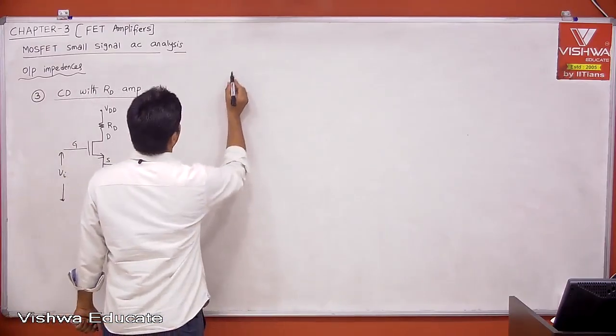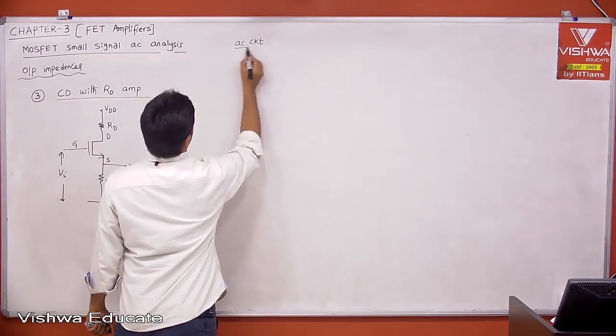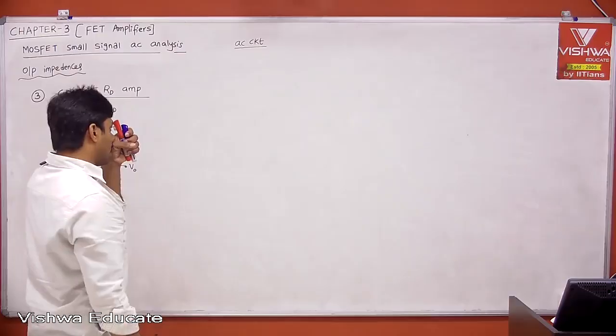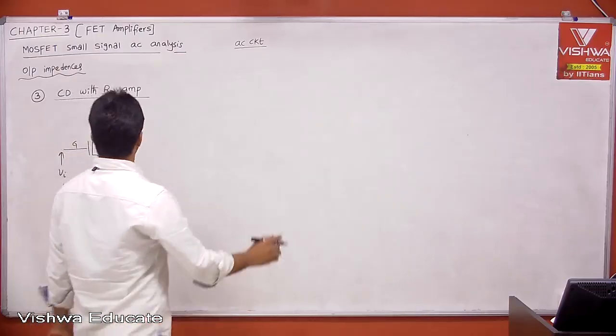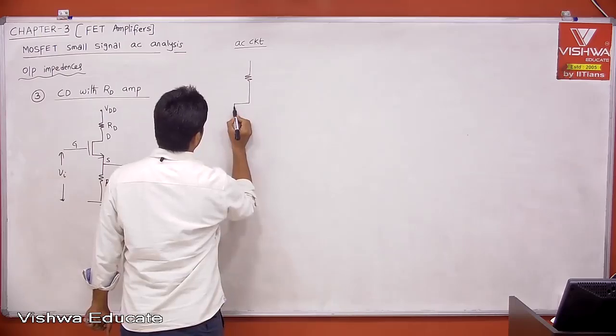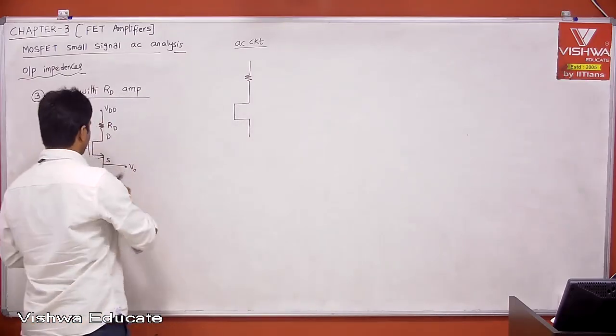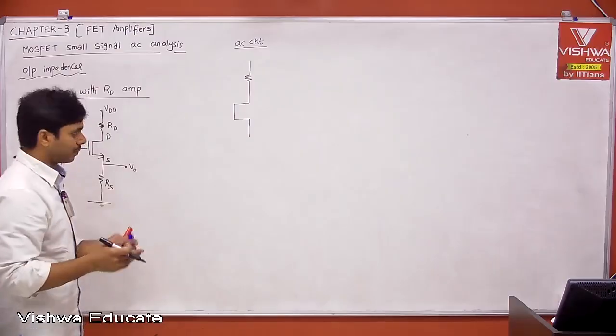What is the AC circuit? That is easy for finding R0, where we need to incorporate the R0 definition. Now, this is your RD. This is the load, right? Can I extend the load to the right hand side? We can extend it, right? Yes.